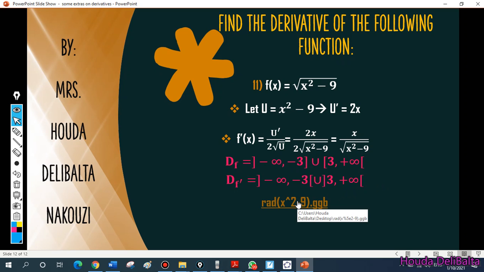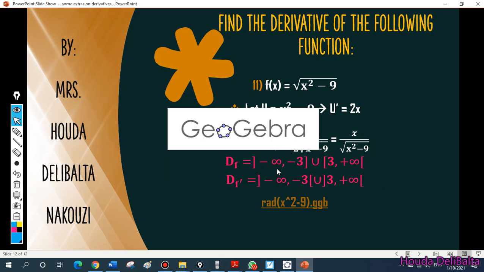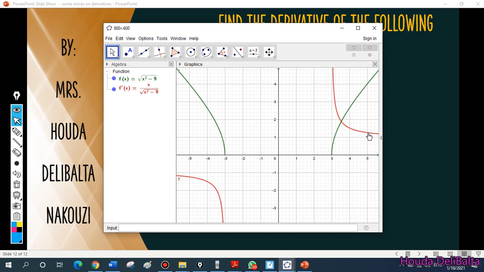And let's finally visit GeoGebra to have a look at the curves of f of x and its derivative. Okay, that's the curve of f of x. Look, it is defined at minus 3 and 3. We can find the answer at minus 3, and we can find the answer at 3. It exists.